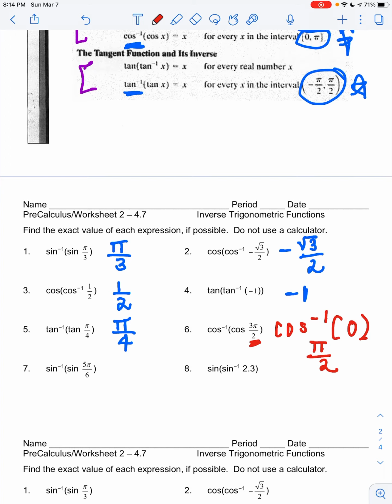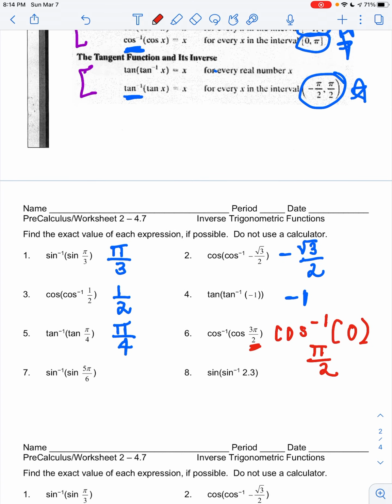How about number 7? In number 7, we're finding the inverse sine of the sine of 5 pi over 6. Again, we've got a problem because 5 pi over 6 is not between negative pi over 2 and positive pi over 2, meaning my answer is not going to be 5 pi over 6. I can find the sine of 5 pi over 6.